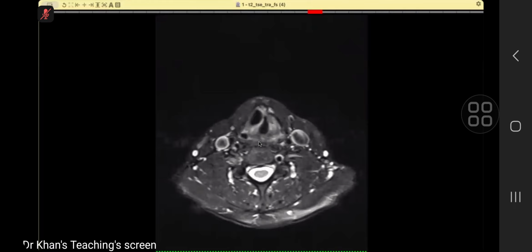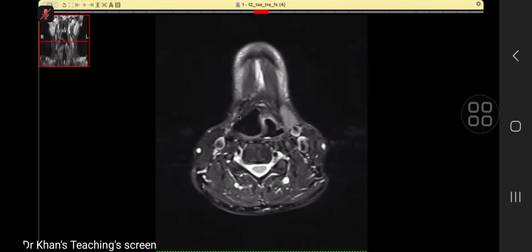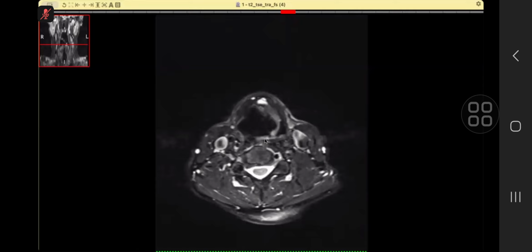So this likely represents laryngocele. And the patient presented with a swelling. A large laryngocele, also extending along the right side of the spaces. Okay, thank you.